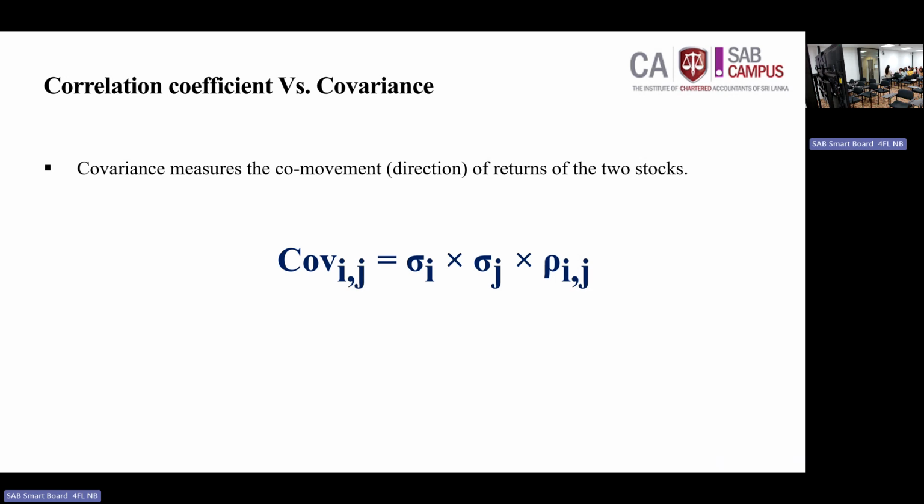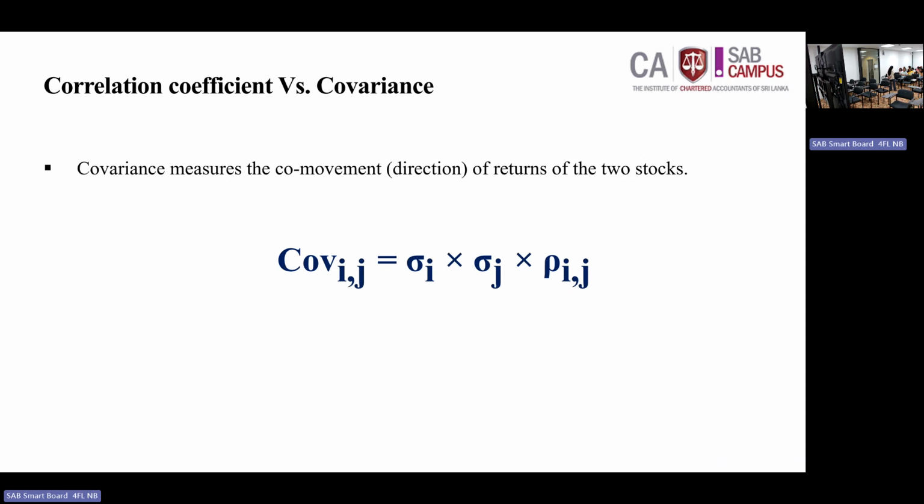Double summation approach is for what? Risk calculation, portfolio risk calculation.